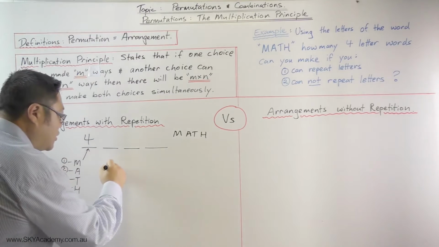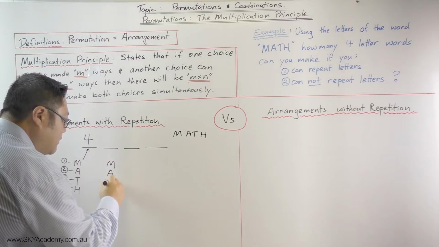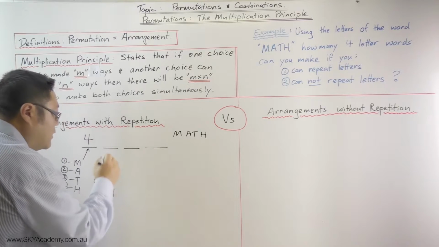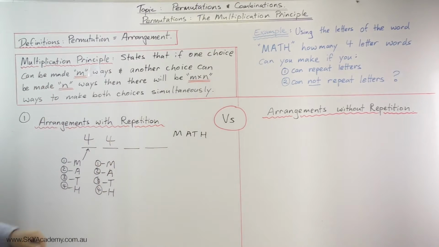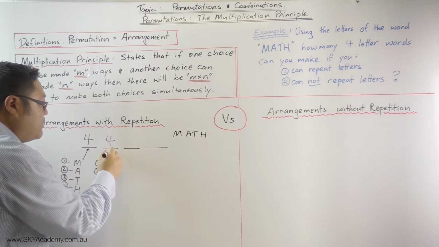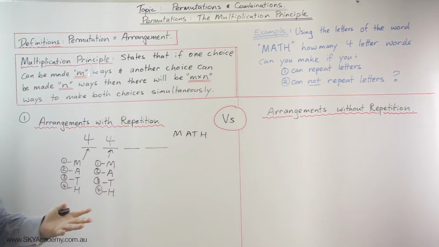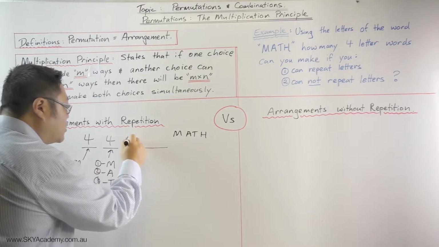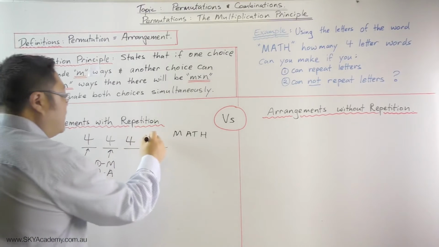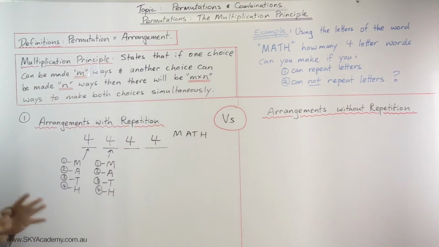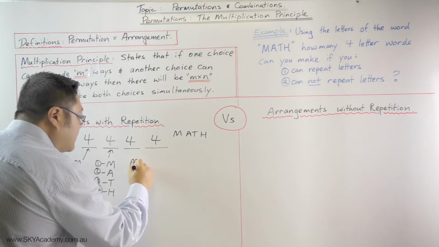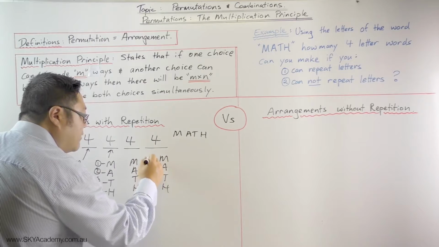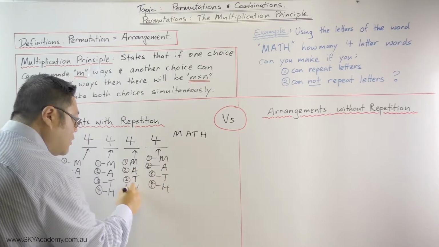Well, for position 2, you can also make 4 choices. Hopefully I'm not losing you guys here. How many choices can we put in position 3? I think you're probably getting the idea. So without laboring the point, you've got 4 choices that you can put into position 3, and 4 choices that you can put into position 4, and they are the letters M, A, T, H. Got it?